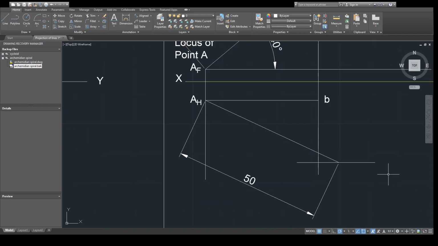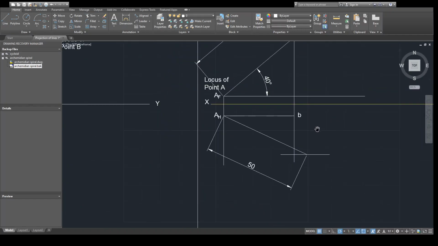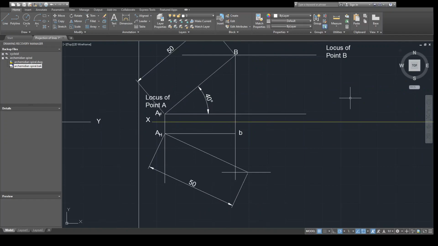So this is the locus of point B in case of top view. This is locus of point A. So we'll name this point as capital B.